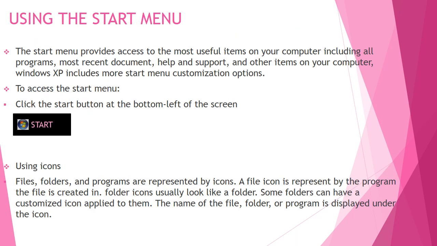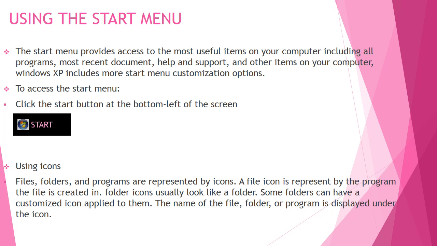So we are going to proceed to the next slide, which is known as using the start menu. The start menu, which is located at the left side of the system, provides access to the most useful items on our computer, including all programs. For you to have access to all data and information, you have to go to the left-hand side of the system, which is the start part, and click on it.